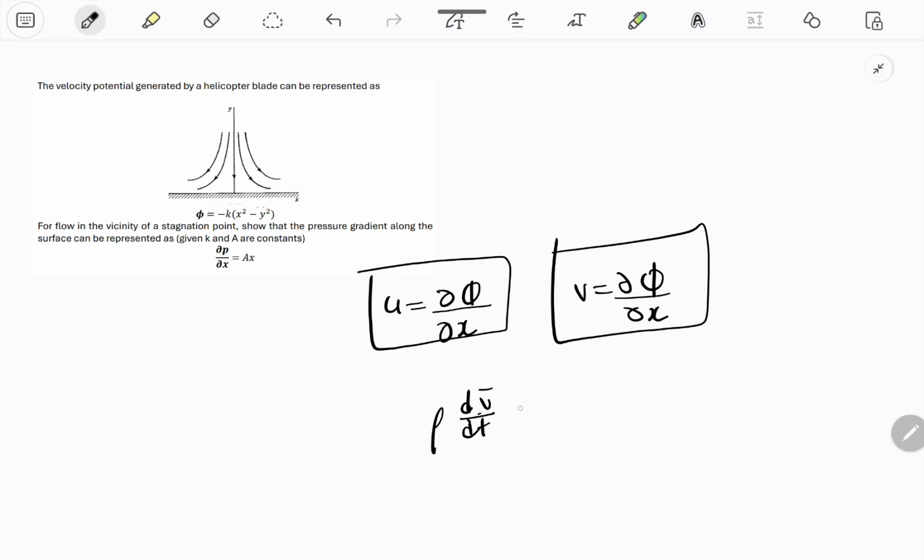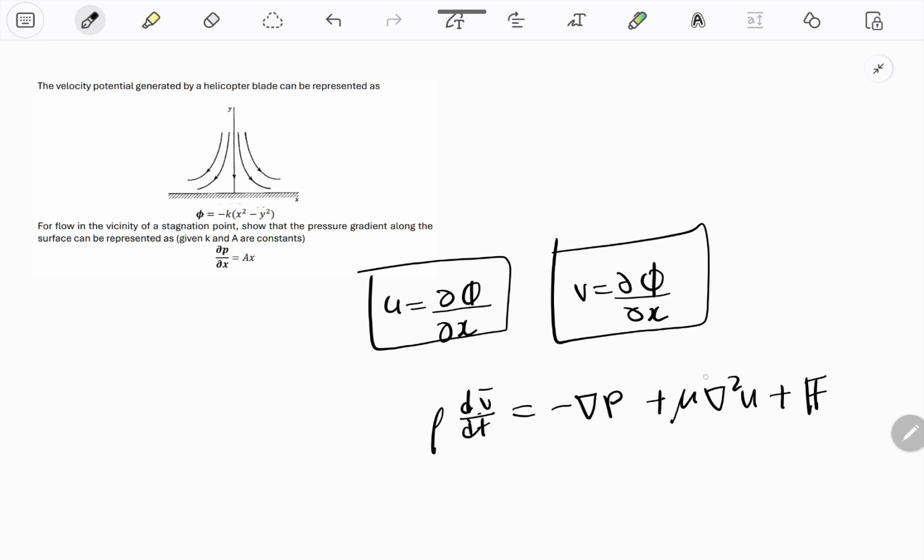Remember, from Newton's second law, it is equal to the change in pressure plus mu times the Laplacian of u plus some external force. Let me call it G. Let me just call it force anyway, because that's my external.